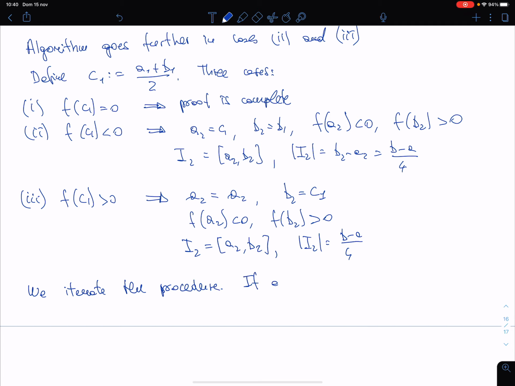If at the nth step we found that f of cn, the middle point, is equal to 0, then the algorithm stops and the theorem is proven.